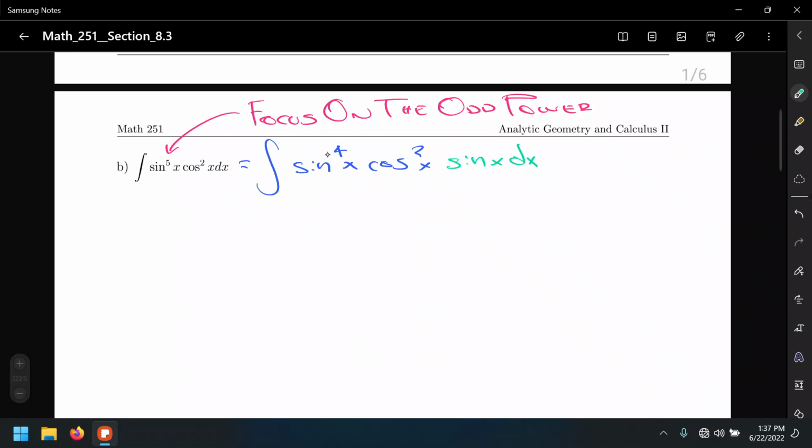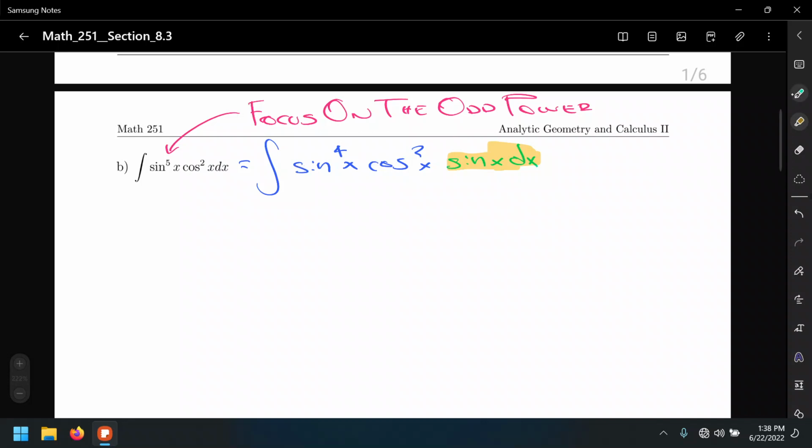We need to express all these sines right here in terms of cosines, because the part that stands for the du, which is sine, is the derivative of which function, by the way? Cosine or negative cosine. Well, the sign doesn't matter. What I'm trying to come up with is pattern recognition, right? In this case, we need to recognize that sine is the derivative of cosine. Well, negative sine rather. So that's why we want to have everything here in terms of cosines.